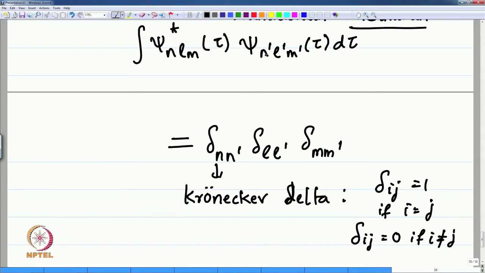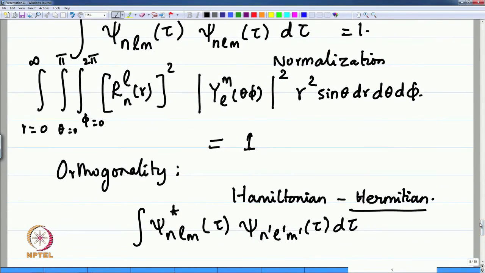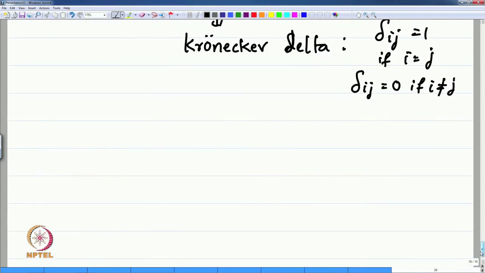Therefore, if n is not equal to n prime, if l is not equal to l prime, if m is not equal to m prime, any one of them, any pair of them, if they are not equal, the wave functions are orthogonal, and therefore the wave functions being already normalized are thus known as orthonormal basis functions for all other problems of atoms.